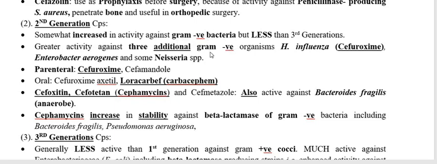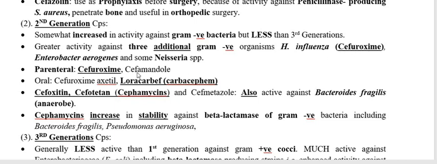In addition to PEC, they also act against other gram-negative bacteria like Haemophilus influenzae, Enterobacter aerogenes, and Neisseria species. H. influenzae is responsible for meningitis, and for its therapy we use cefuroxime, a second generation cephalosporin.